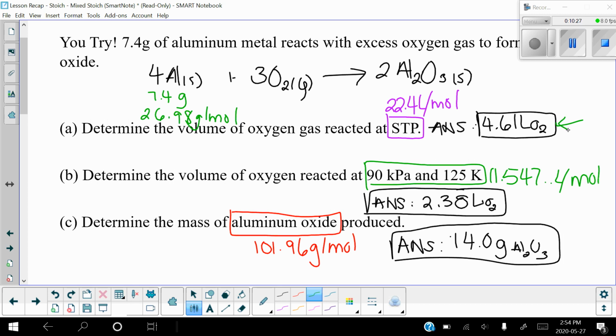For B, you will have to find your own molar volume, and you should get 11.547... It's a mid calculation, so I won't round it, to get your 2.38 liters of oxygen. And then lastly, for C, use the molar mass of aluminum oxide to give you the mass of aluminum oxide.